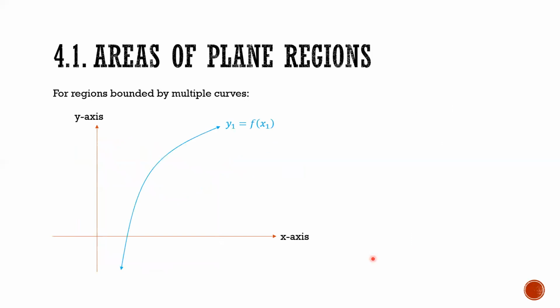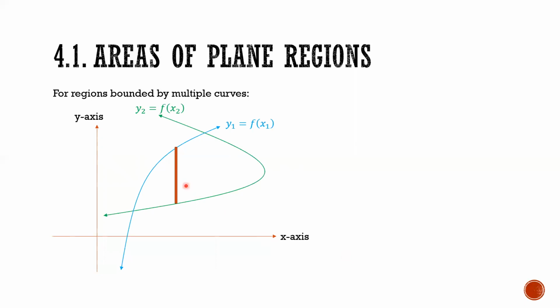Now, what if we have the following curves that would bound our plane region? If we are attempting to find the area of this, we might be thinking that we could use a rectangular strip in this orientation.